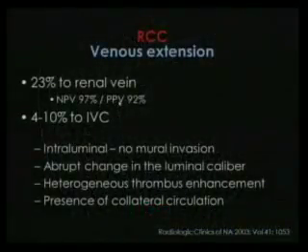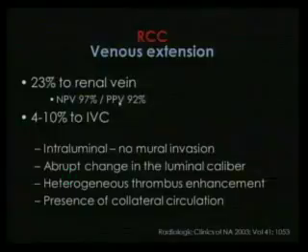Venous extension, we have to remember that 23% of the renal cell carcinomas are going to renal veins, and the CT can identify this abnormality pretty well. And the invasion of the IVC is 4 to 10%. When we have the tumor going into the vascular structure, we have some features that we have to look for to differentiate from a bland thrombosis.